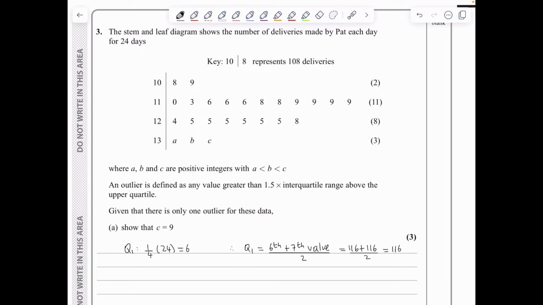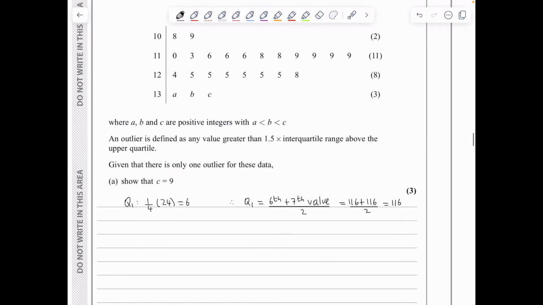I will proceed in finding Q3 in a similar way, so I'll be doing 3/4 of 24, which gives an answer of 18. So this time I'll be doing the midpoint of the 18th and 19th values, so 18th plus 19th over 2. So once more, looking at the stem and leaf diagram, both of them are 125.